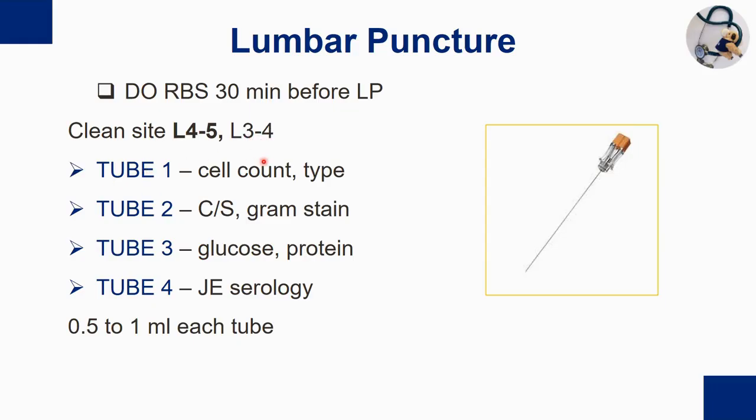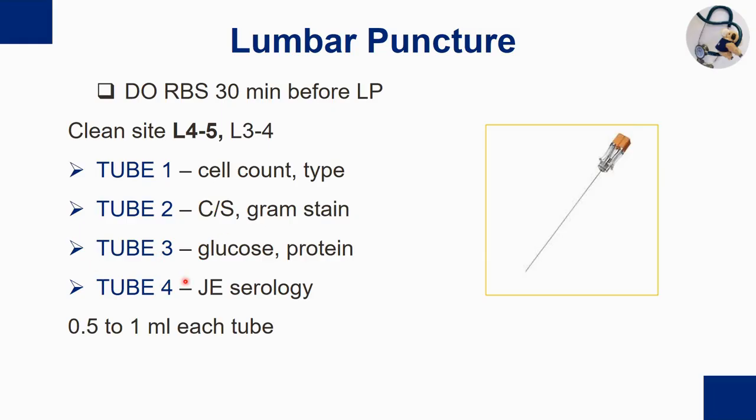And after taking out the fluid, tube 1 you send for cell cytology and differential counts in the pathology department. Test tube 2 you send to the microbiology lab for gram staining and culture and sensitivity.